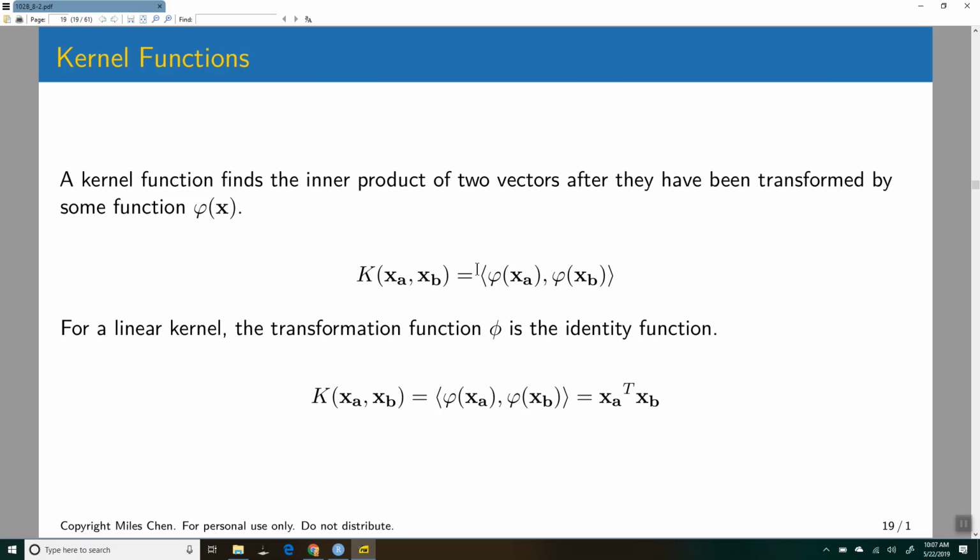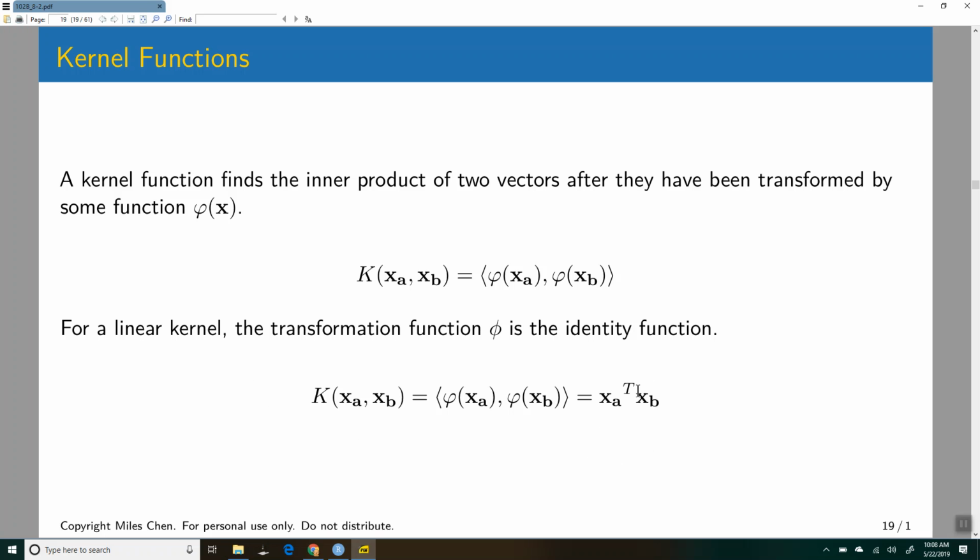The kernel of some vectors xa and xb is the inner product of phi applied to xa and phi applied to xb. If the phi function is the identity function, meaning it doesn't do any transformation, then you get what's called the linear kernel, which is just the inner product, or dot product, of xa and xb.